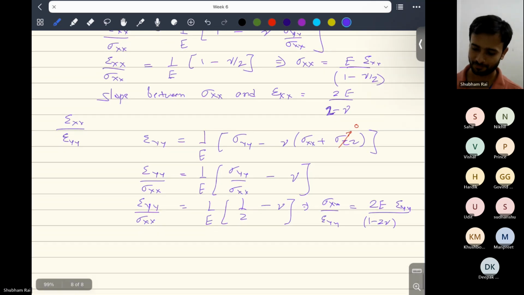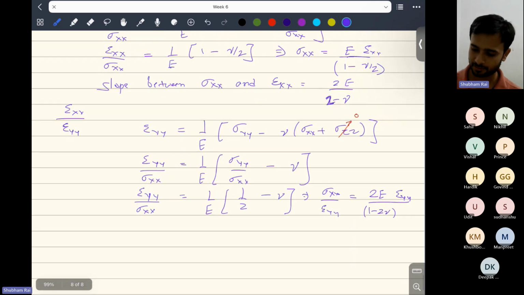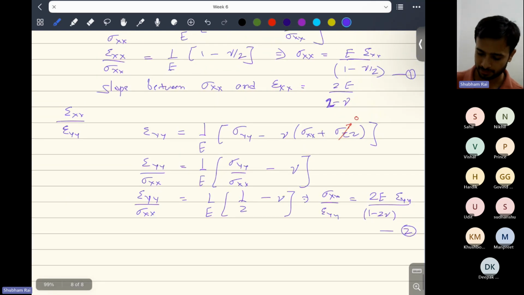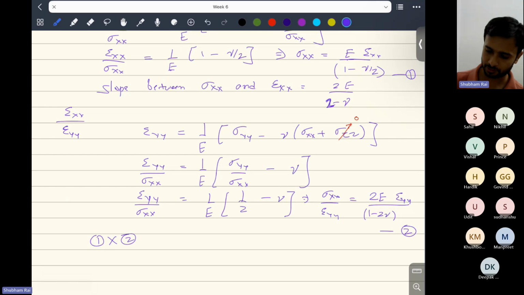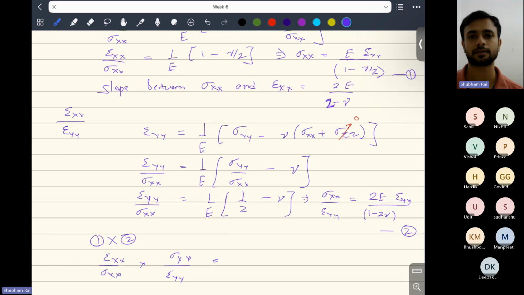Yeah. So let me just multiply. Let's say this is equation number 1 and this is equation number 2. If you multiply equation 1 with equation 2, you will get epsilon xx over sigma xx multiplied with sigma xx over epsilon yy. If you do that, what will you get? If we solve this, very simple.